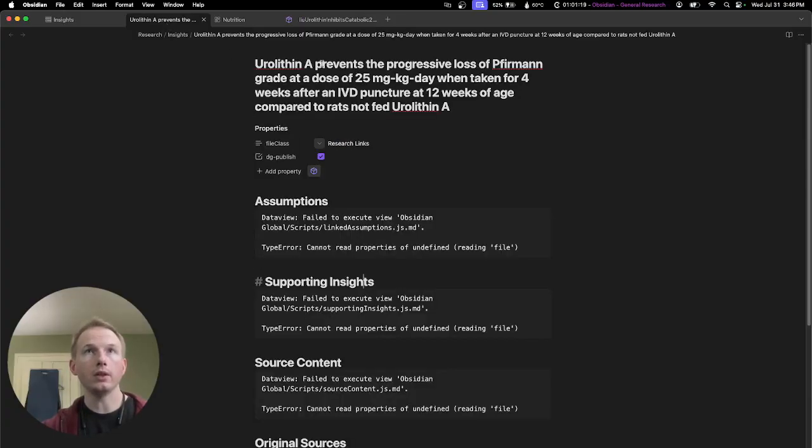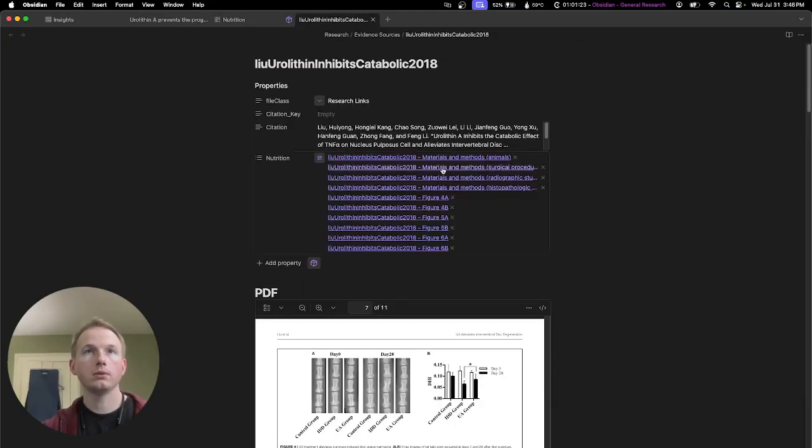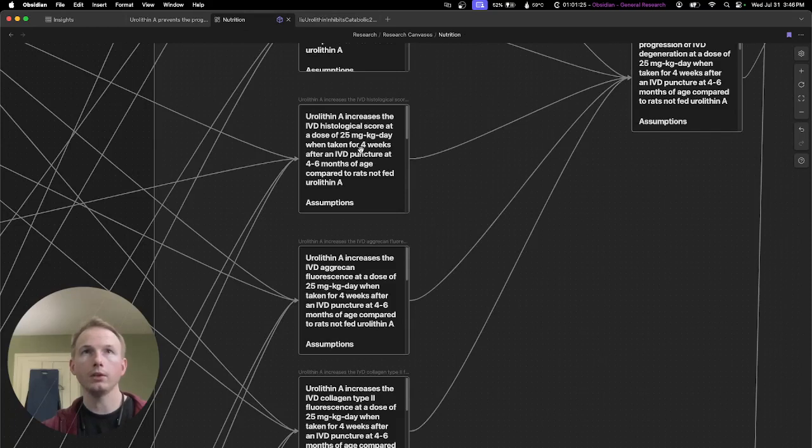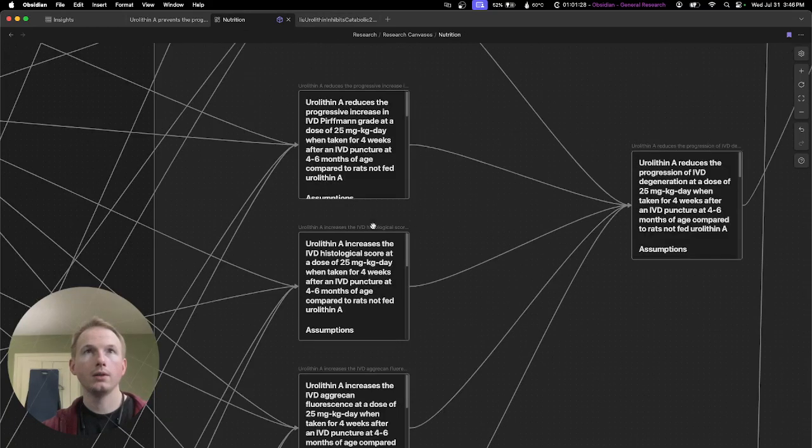And so in this case, prevents the... how did I word it? Reduces a progressive increase. Slows.